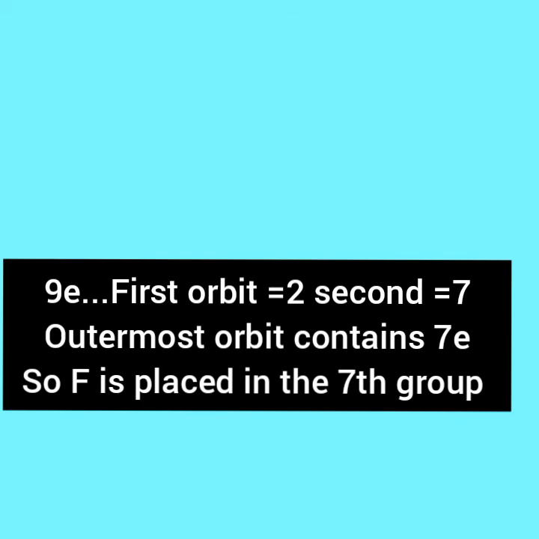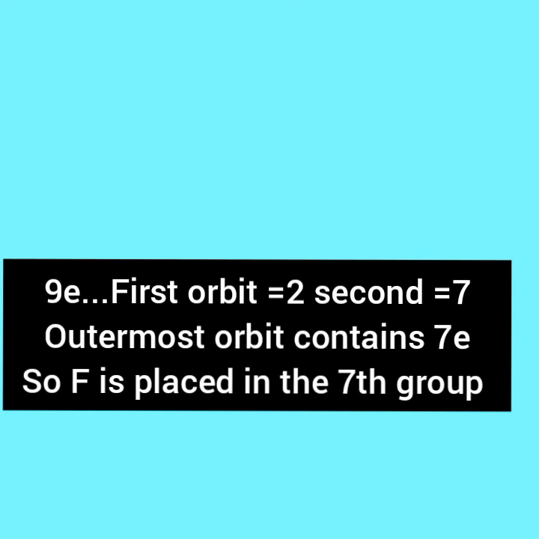The first orbit has 2, the balance is 7. If it was 8, it would be finished, the last one. So the second or outermost orbit contains 7 electrons. That is why fluorine and even chlorine are placed in the 7th main group or 17th group in the periodic table.